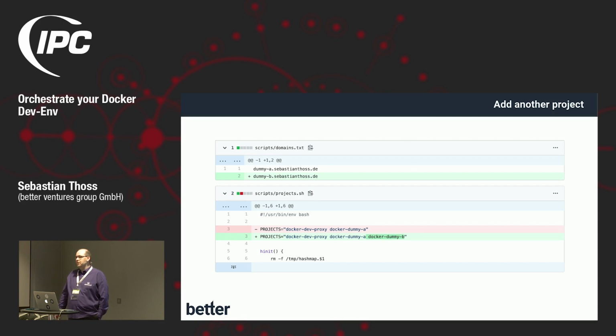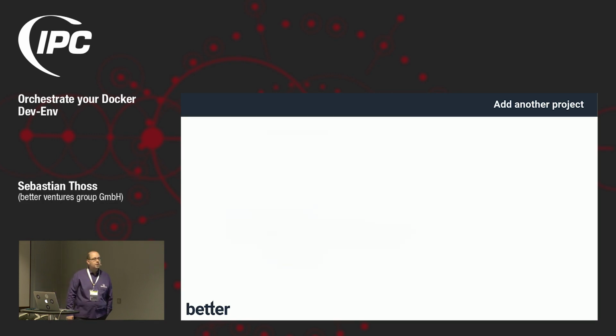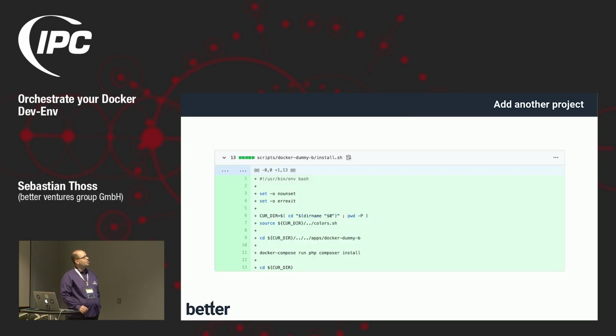That's the usual behavior that we have: if we want to get projects running, we have to get some additional steps done. And that's what I mentioned earlier. You simply can override the install.sh script on a project basis by putting it into this explicit folder structure.